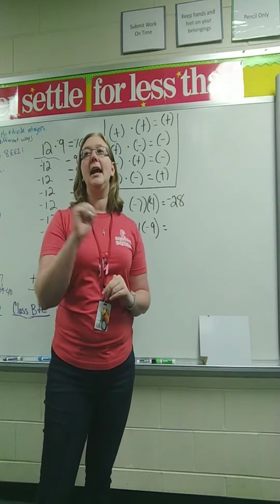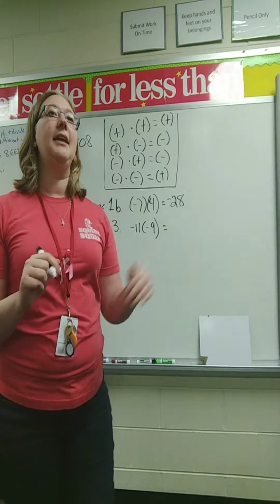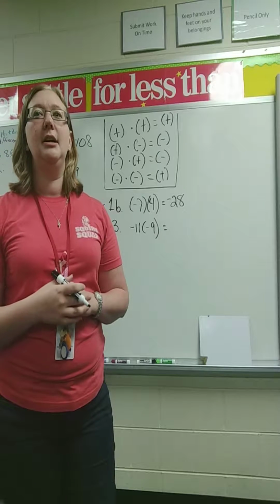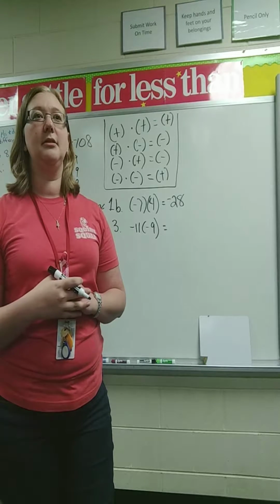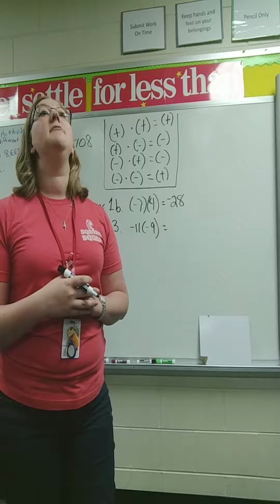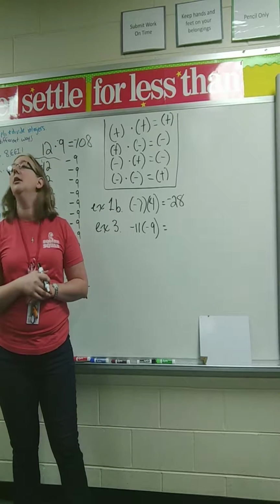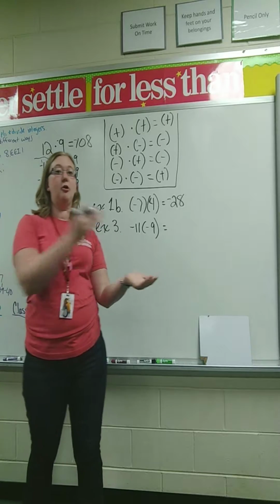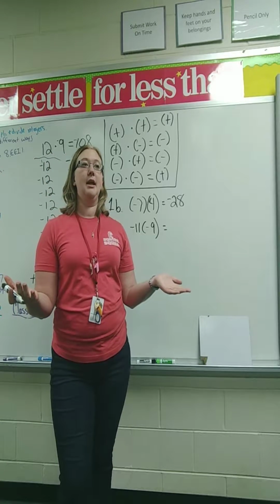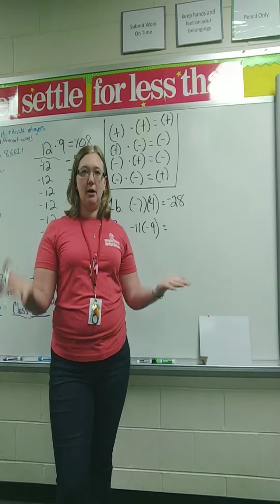Because if we forget a negative sign, or put in a negative sign when it's supposed to be positive, what's going to happen to our answer? It will be wrong. If you give me the wrong sign, it's going to be wrong.